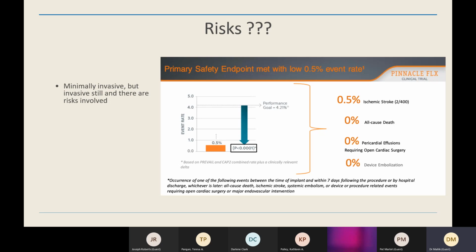This is a slide from a clinical trial called Pinnacle Flex, and the risk of stroke was 0.5%, and the other major risks were basically 0% in that study. And that's been generally the experience in most centers that implant WATCHMAN Flex, this newer generation WATCHMAN, which is quite safe and forgiving.